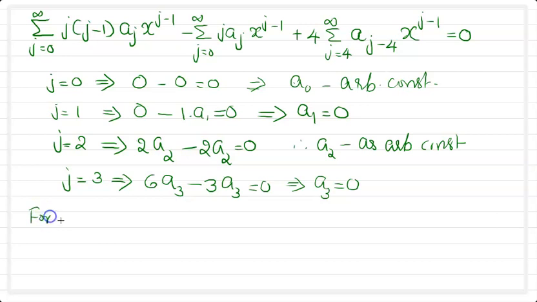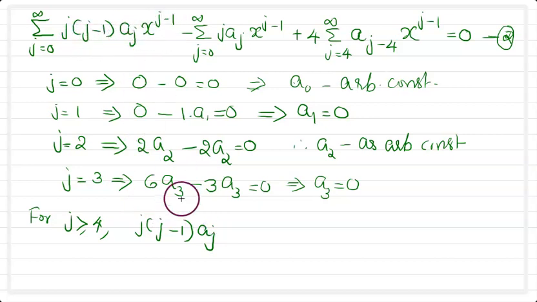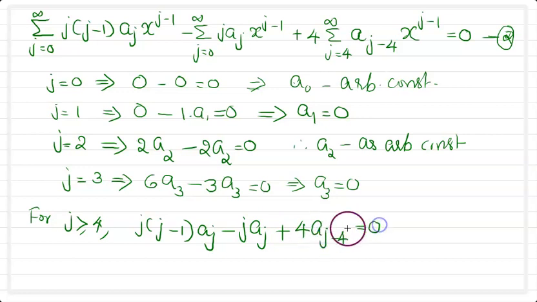Now for j equal to 4 and for higher values of j, that is when j greater than or equal to 4, we can combine the coefficients of x raised to j minus 1 from equation 2 to get the new relation j into j minus 1 into aj, that is the coefficient of x raised to j minus 1 in the first series, minus the coefficient in the second series is j into aj, plus coefficient of x raised to j minus 1 in the third series is 4 into aj minus 4 equal to 0.